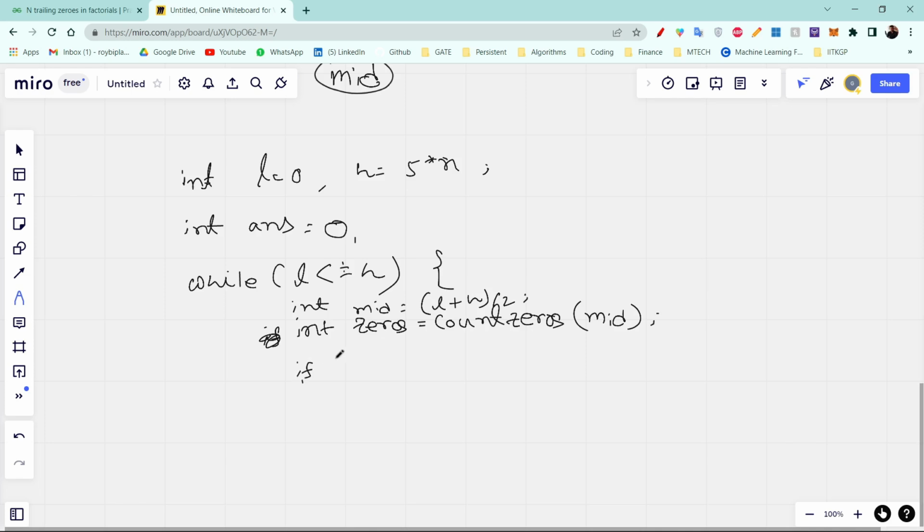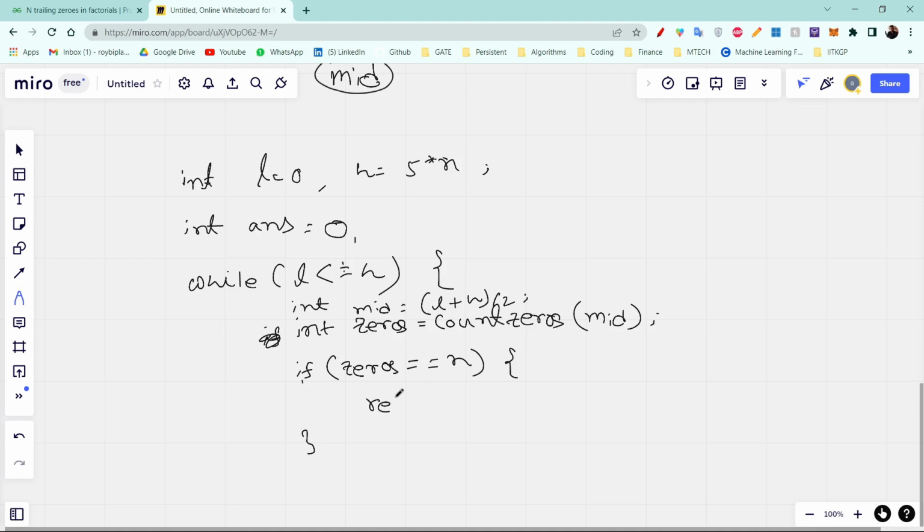Now if the number of zeros is equal to n, then this is the answer. That means there exists a number whose number of trailing zeros is n. So how many numbers will be present whose number of trailing zeros is n?